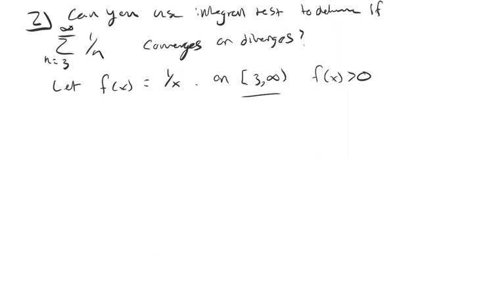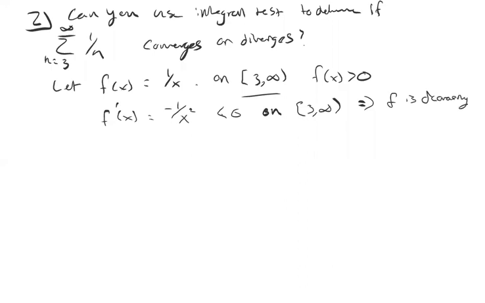Okay, next thing, we need it to be decreasing. And we can check the first derivative. That's minus 1 over x squared. And that first derivative, by similar argument, is always negative on 3 to infinity, which tells us that f is decreasing.